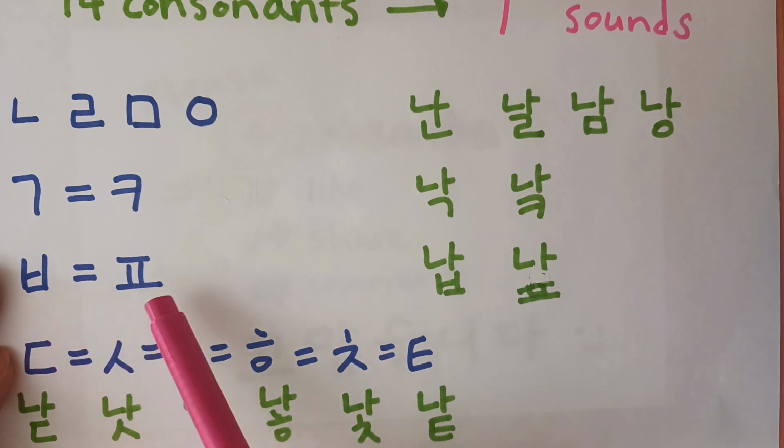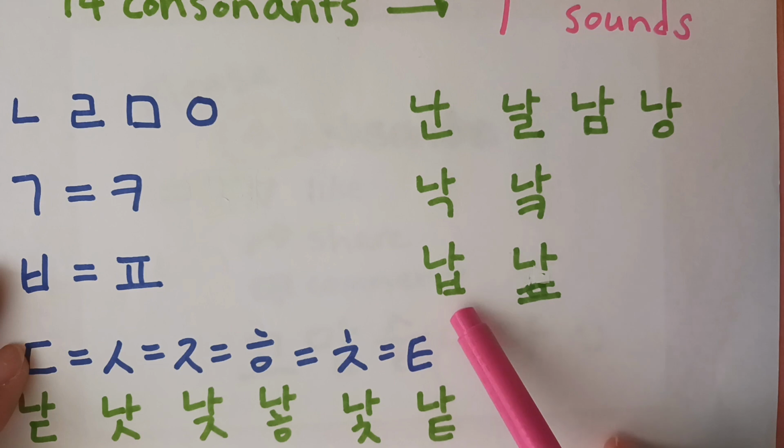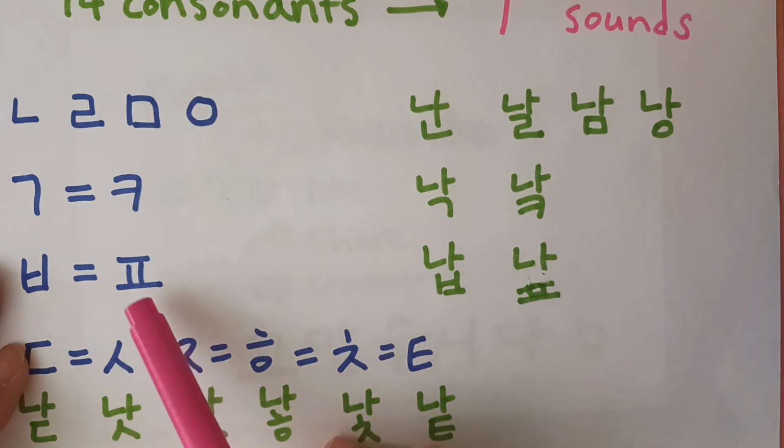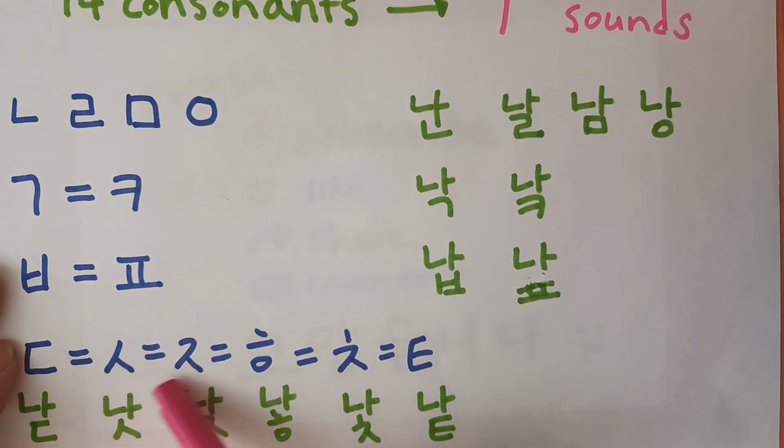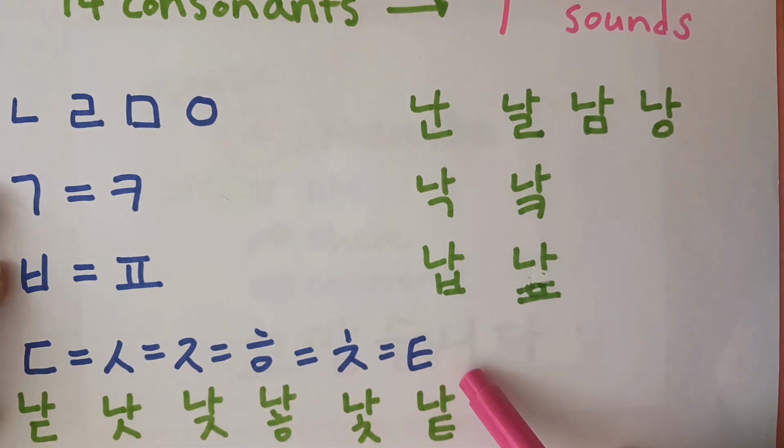B and p will sound exactly the same when they become final consonants. Nap, and this p goes at the bottom. You're not going to read it like nap-eu or something like that. It will be the same as nap. Those all sound exactly the same.